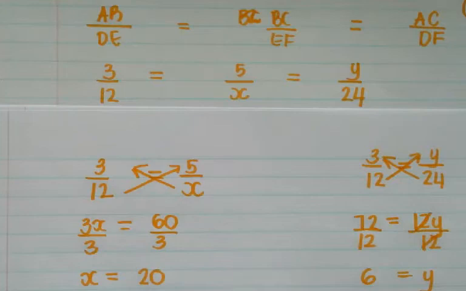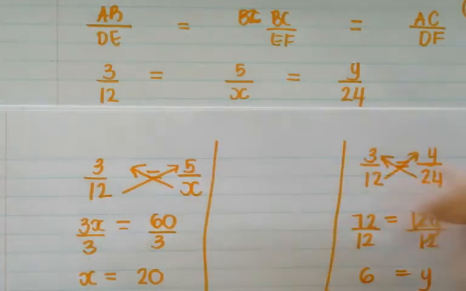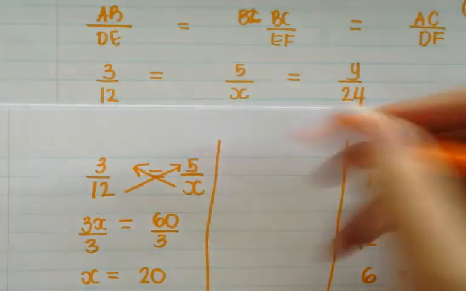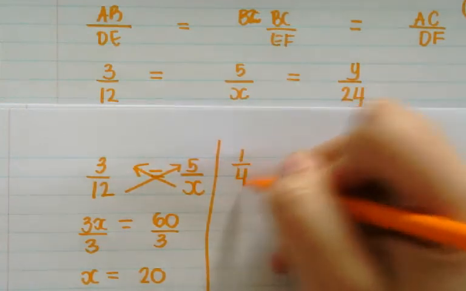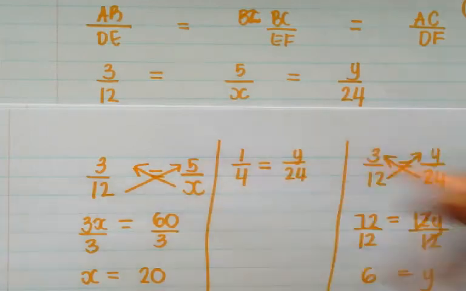So what Dylan is doing is first simplifying his fraction before he multiplies. He's saying that 3 goes into itself once, into 12 4 times, and that is equal to y over 24.